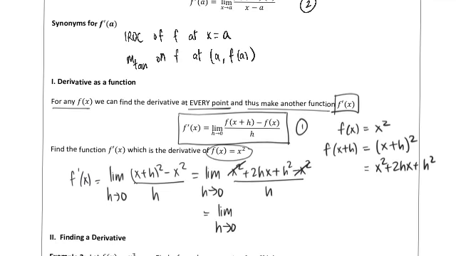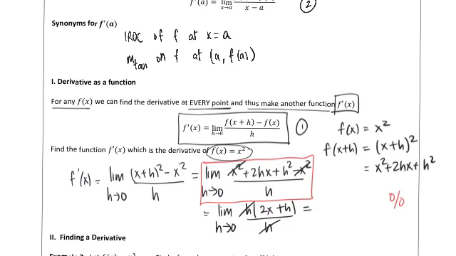So notice, before I do anything more, if I just look at this limit problem right here, if I put in h equals 0 at this point, I'm going to get 0 over 0, right? So it becomes a limit problem, and we have to figure out how to get around the 0 over 0. We're going to do that by factoring the top and canceling the h. Once you do that, now if you put in 0 into that equation, you get out 2x.